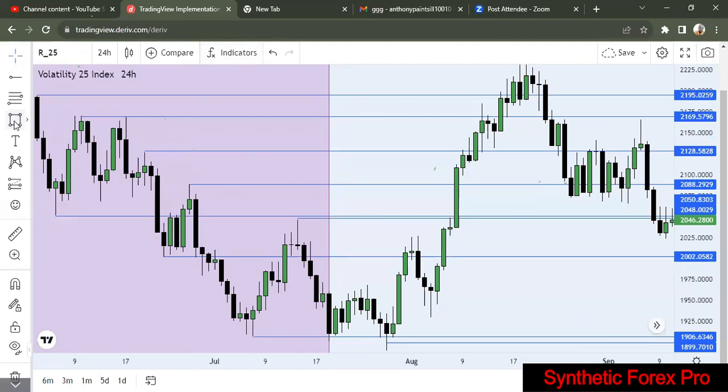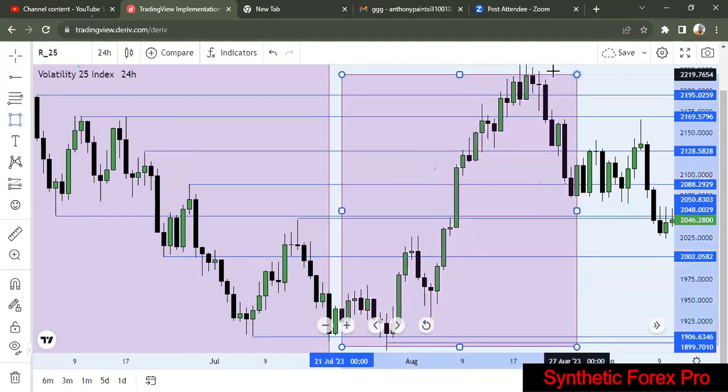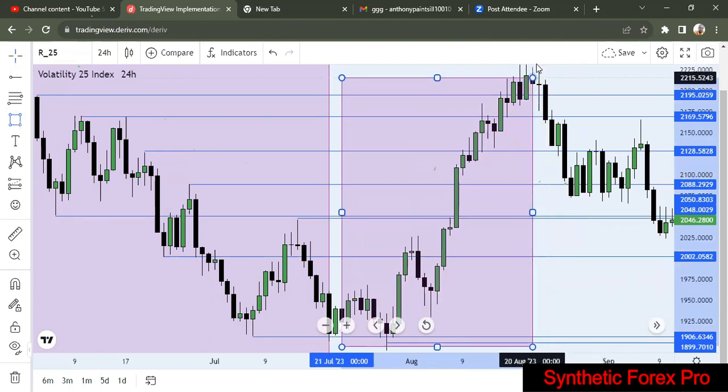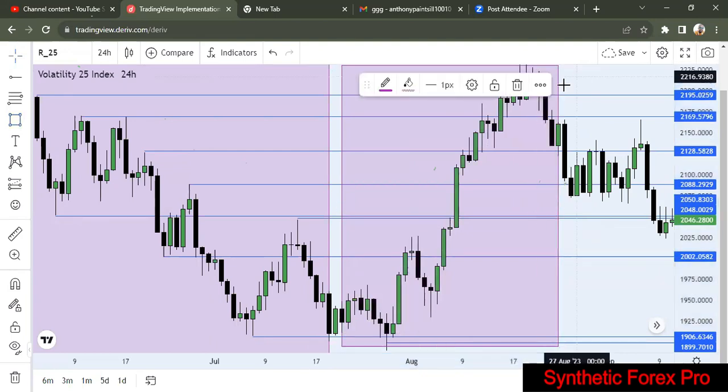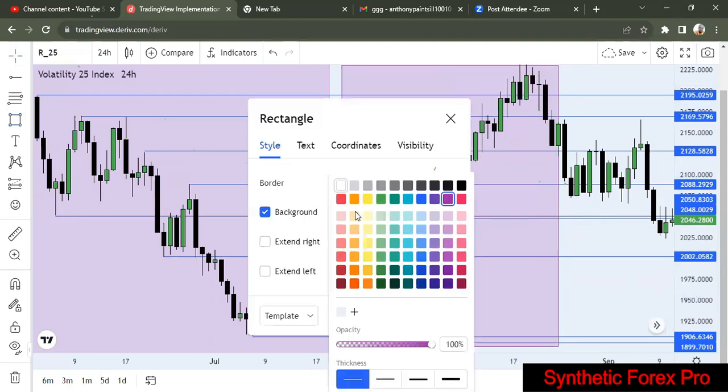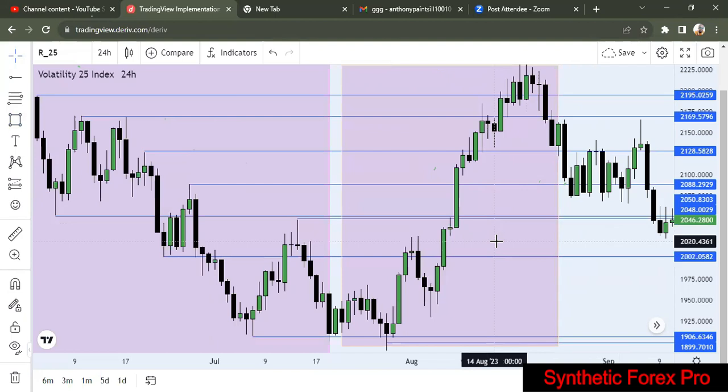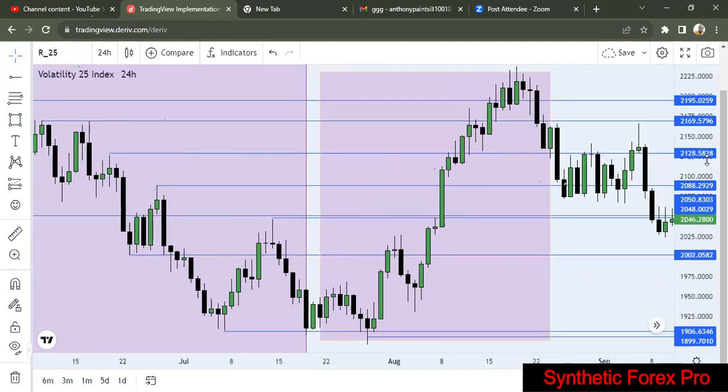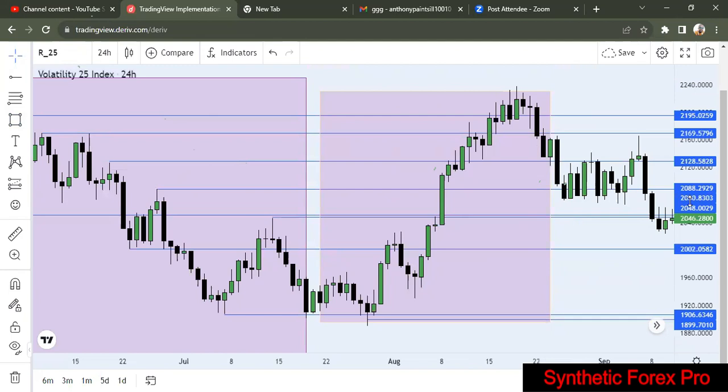The same applies to, let me shade another area. So look at this other shaded region. What type of lows are formed here? I'm just indicating two of them.